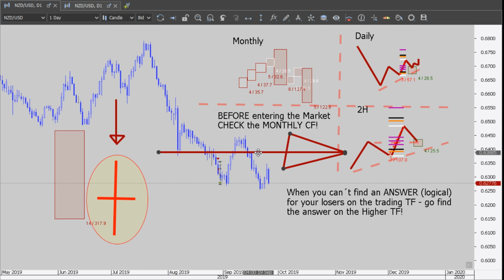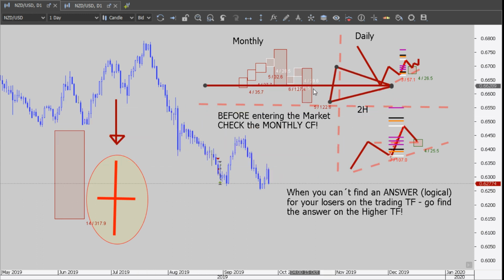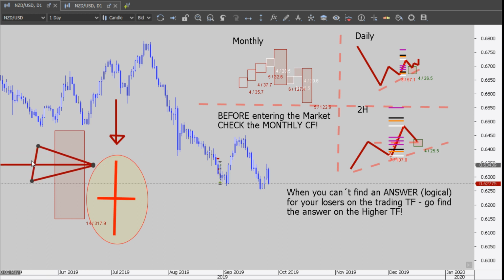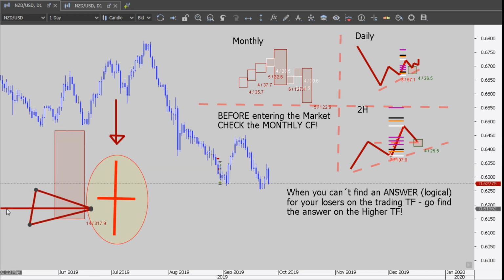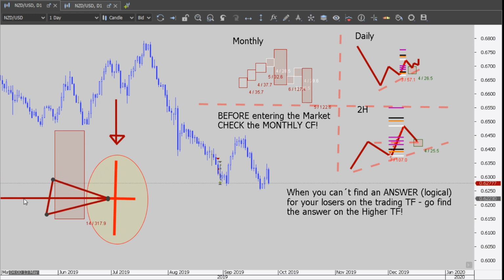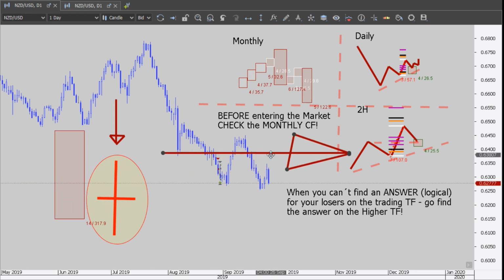It's just an example, everybody. These concepts apply on all currency pairs and all time frames. You have a bearish engulfing candle from the monthly, and then you still have an undecision. Should you sell the 2 hour chart or should you stay out? What do you think? There is no right or wrong. You can say, oh, let's short the market.